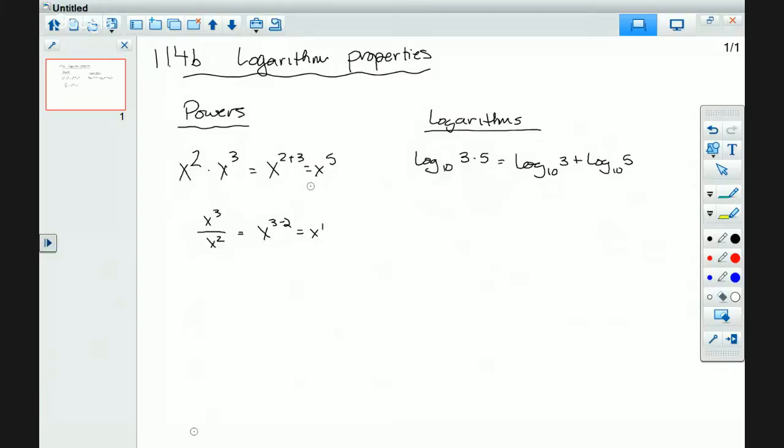Logarithms have a sister property to this one as well. Division means you can split and subtract, much like this.